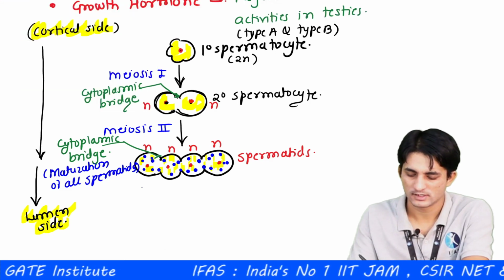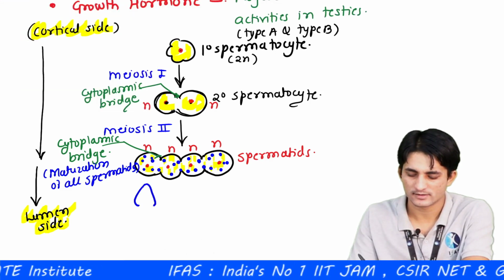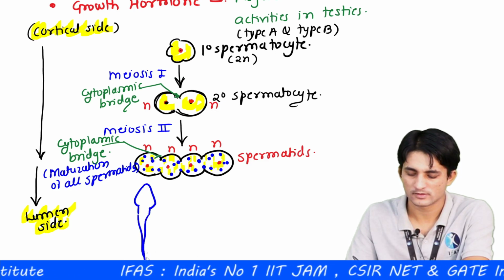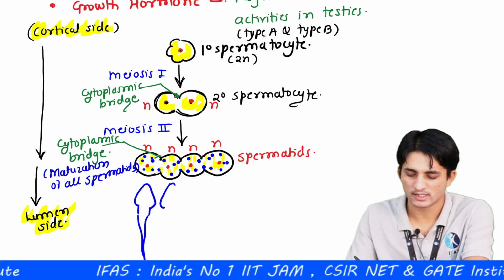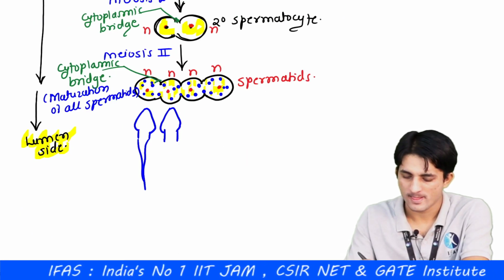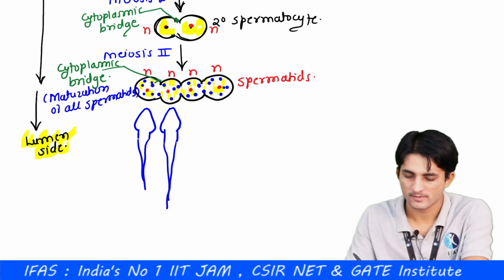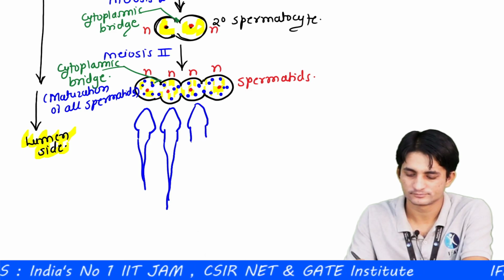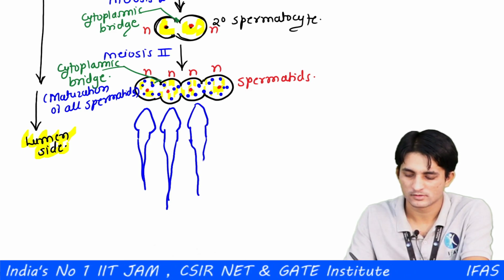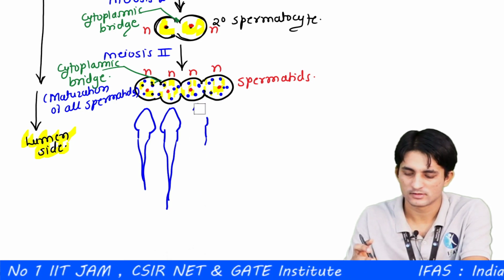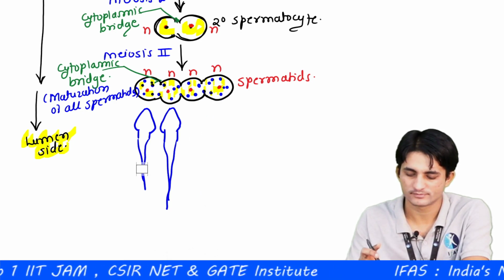So from each spermatid there is formation of spermatozoa, or the mature sperms.